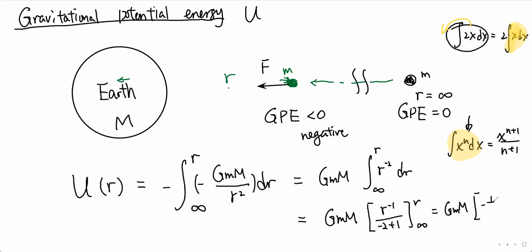Then you learned the definite integral, and you substitute R in the formula. So you can write it, and then it'll just give you R. If you substitute the infinity, you know 1 over infinity will give you 0.